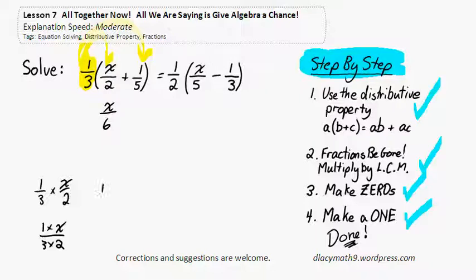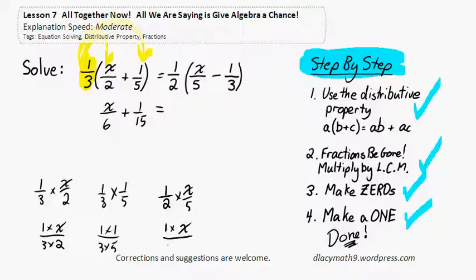Bringing the third in again, this time times 1/5, but that's 1 times 1 over 3 times 5, plus 1 over 15. Our left side is cleared of brackets. On the right, 1/2 times x over 5, which is 1 times x over 2 times 5, x over 10.